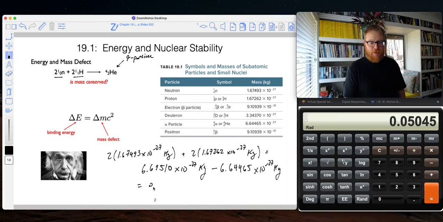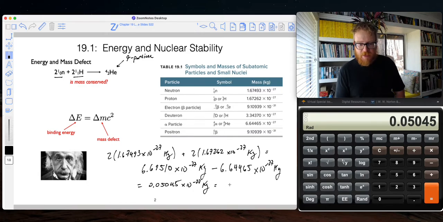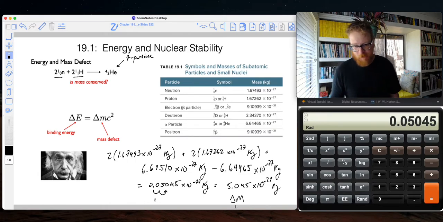That difference equals 0.05045, 5 decimals, times 10 to the minus 27 kilograms. We could say that's the same thing as 5.045 times 10 to the minus 29. This number right here is what we call the mass defect.